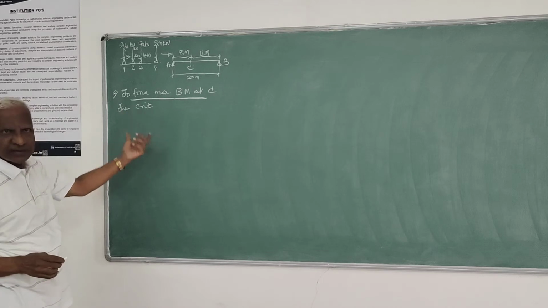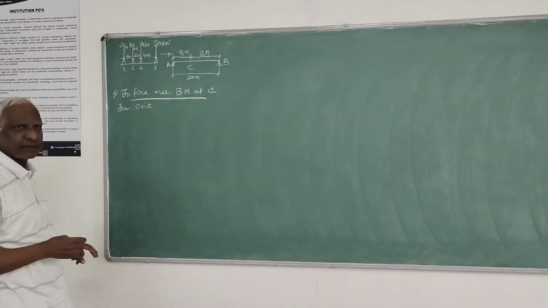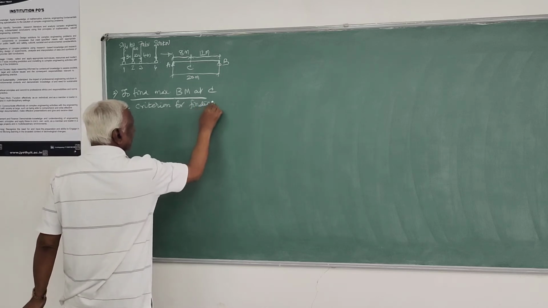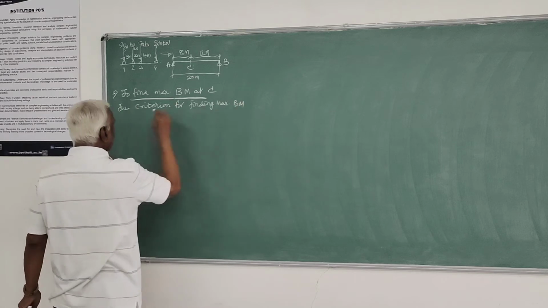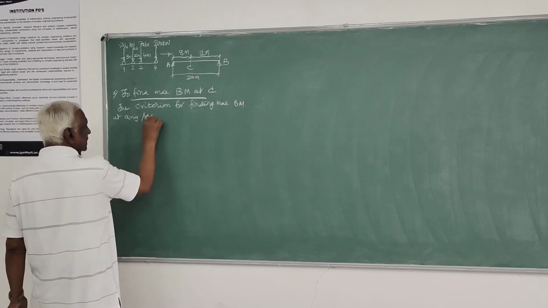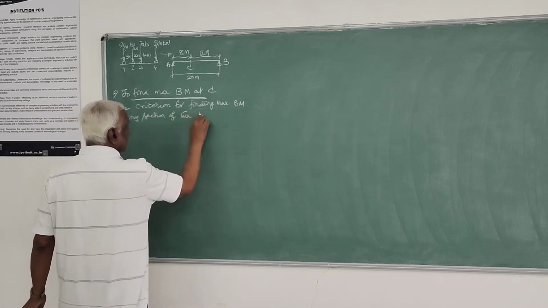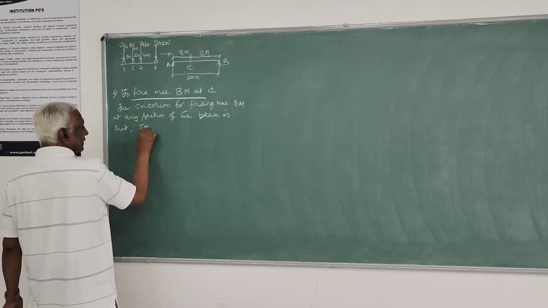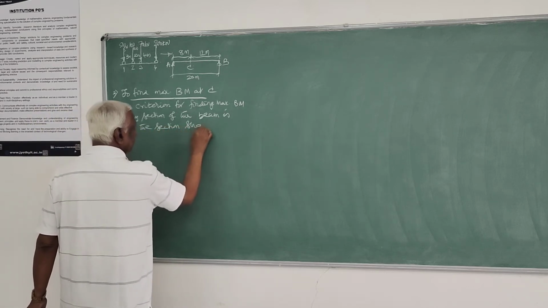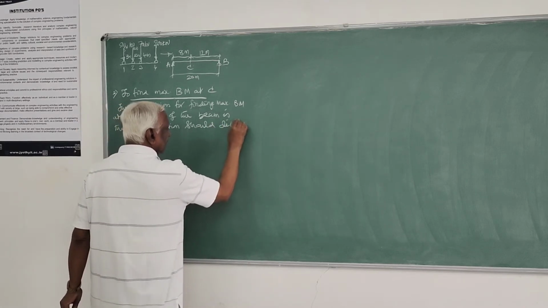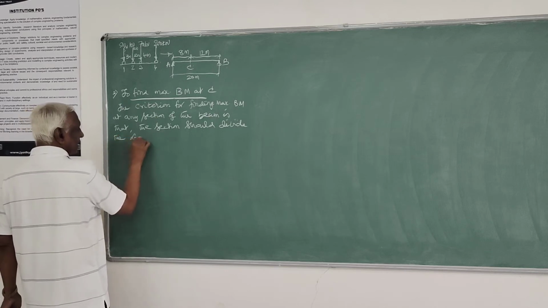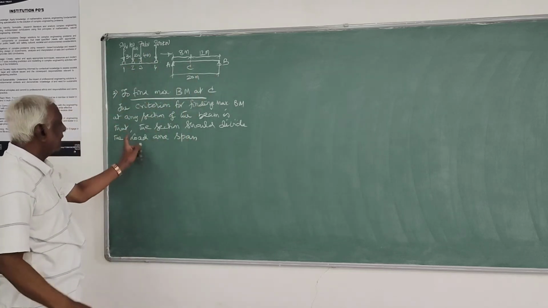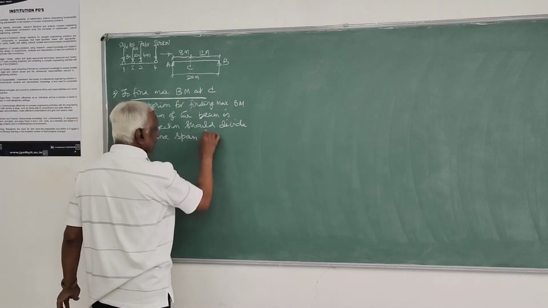First, let us state the criterion required for finding the maximum bending moment at any section of the beam: the section should divide the load and span in the same ratio.